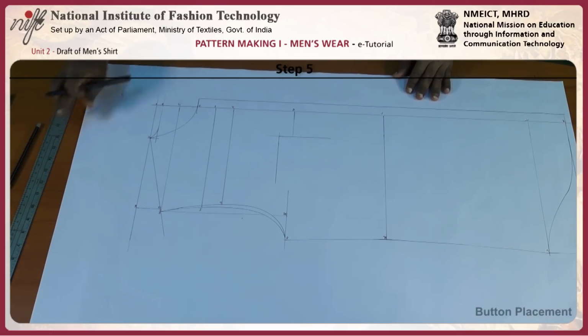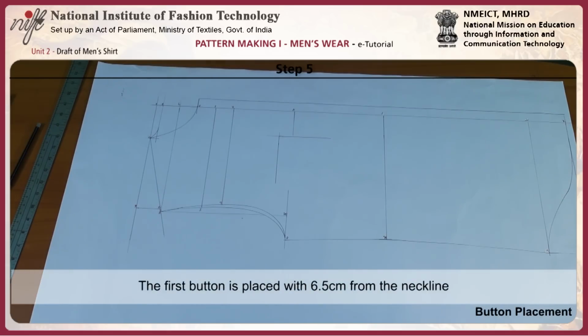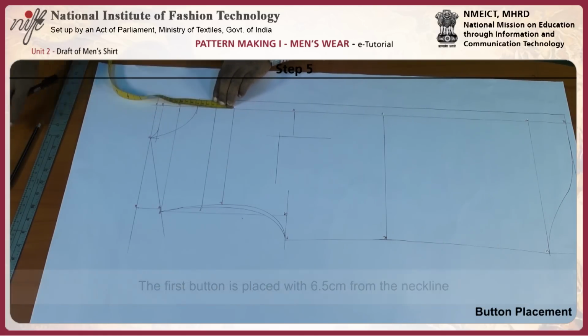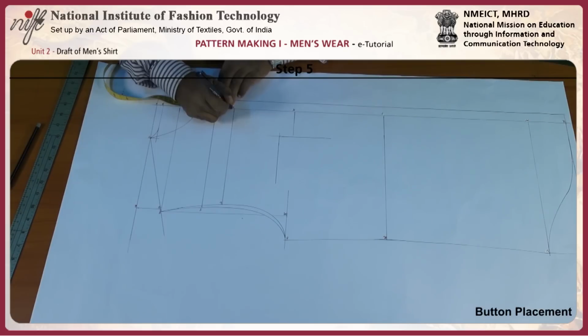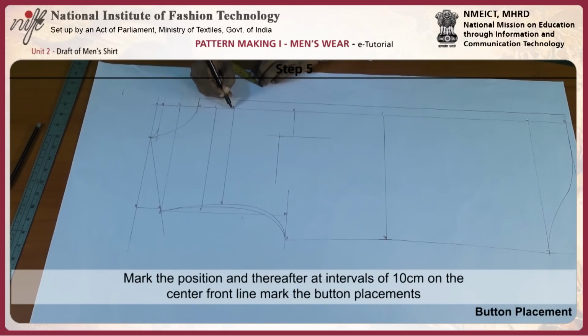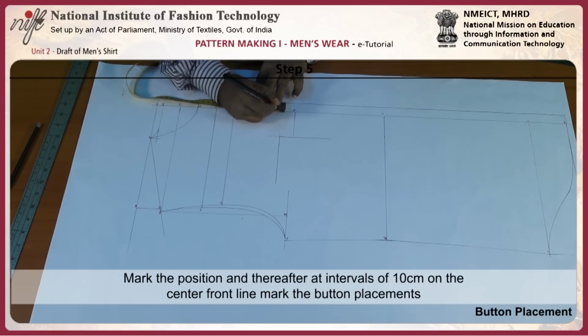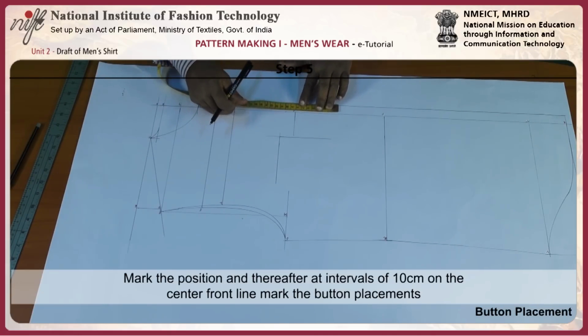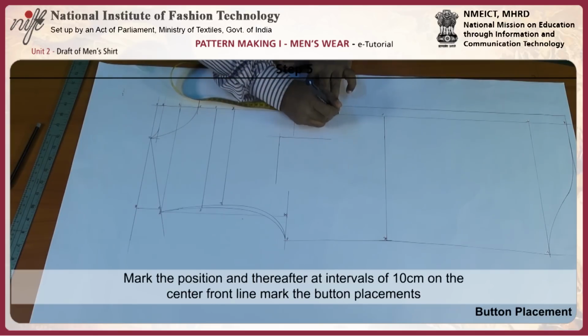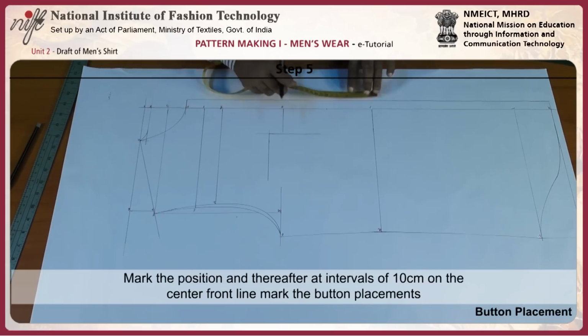Coming to button placement, the first button can be placed 6.5 centimeter from the neckline. You can give a cross mark, and thereafter 10 centimeter on the reference line, which is now the center front line, as I have mentioned before.